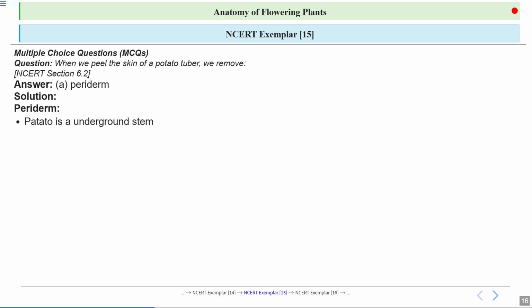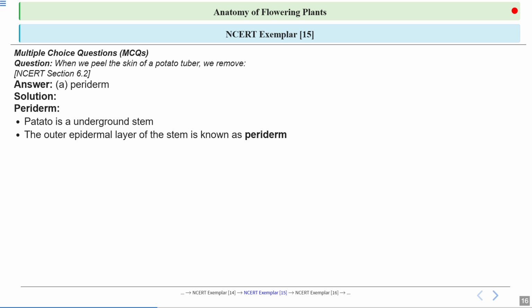Potato is an underground stem. Yes, this is the modification of the stem, right? Generally, we see the stem as a shoot part. But here in the case of potato, the stem is transformed into an underground tuber, right? And the outer layer of the stem is known as periderm. How can you say that the tuber is a stem?